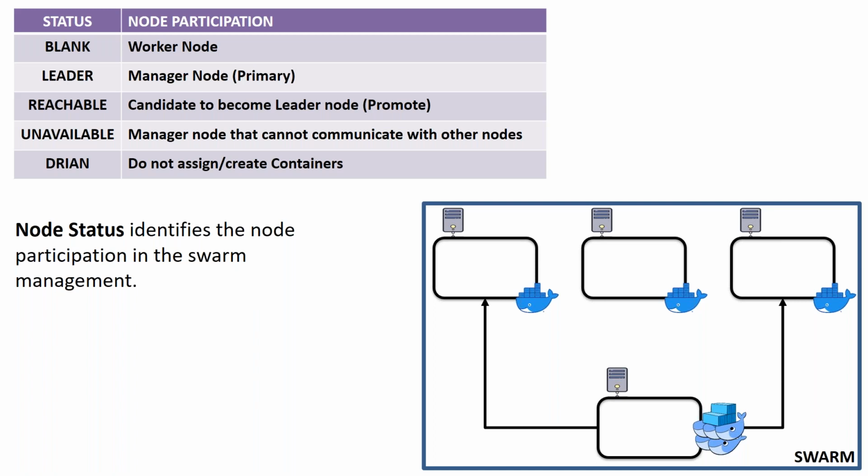Now in a cluster, if a machine doesn't have a status, then typically it is called a worker. If you remember in the last slide or the beginning, I was trying to show you, if you see that it's blank, then it's going to be called a worker, or it doesn't have any properties by default.